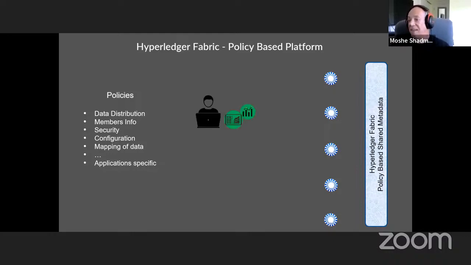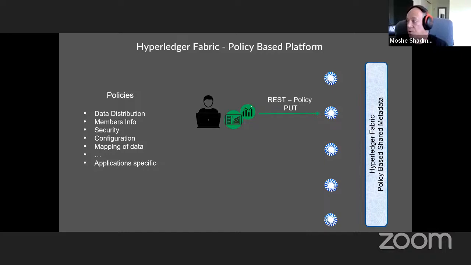And in that context, users, applications, nodes could create policies, and to save a policy or to add a policy to the metadata, all that you need is to create the policy, which is a JSON structure that lists what the policy is about, and then you give the policy to one of the nodes in the network.